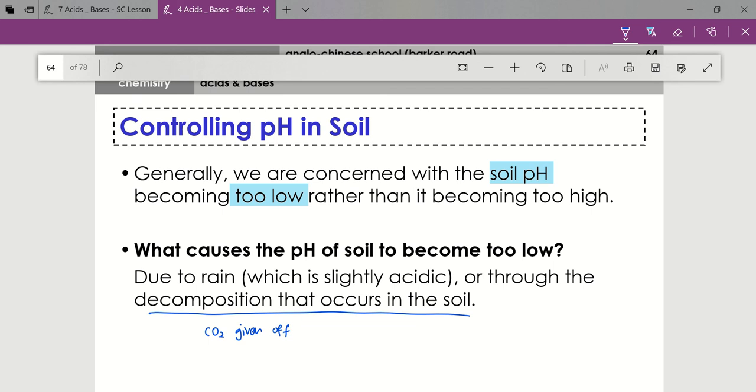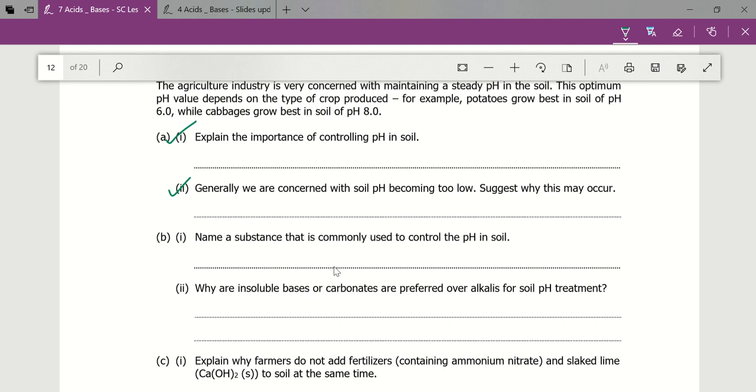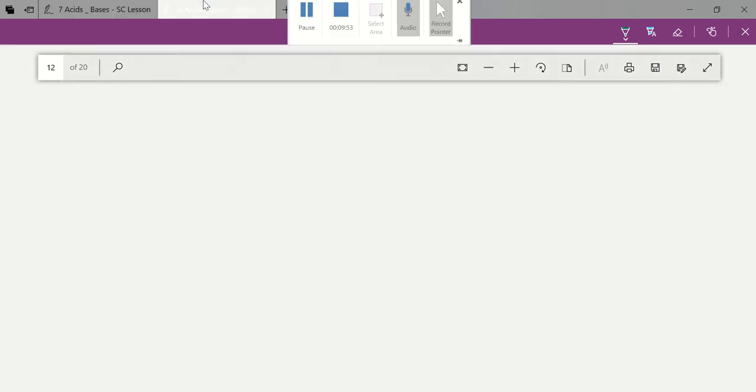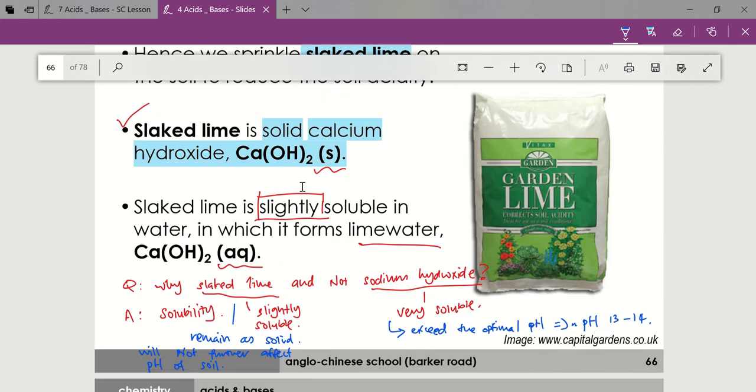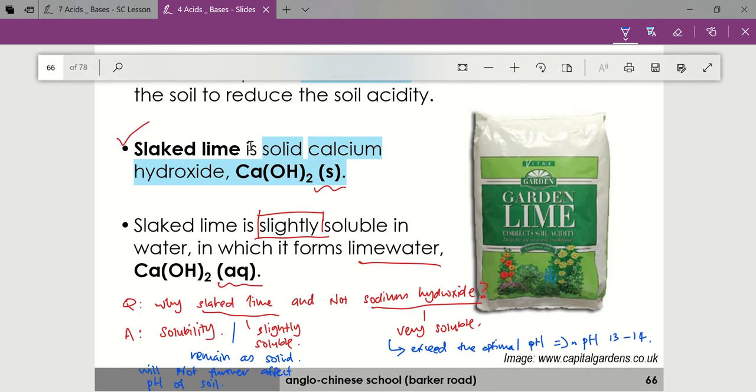Hence, because it is an acidic oxide, it can also cause the soil to be acidic. Okay, next, name the common substance that's used to control the pH in soil. This is slaked lime, or you can write solid calcium hydroxide.